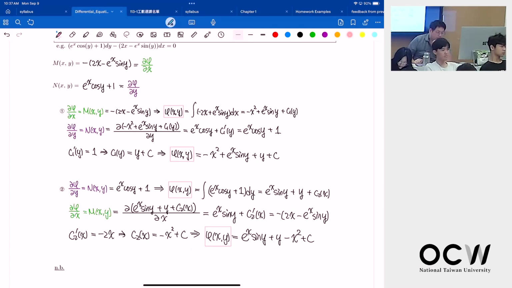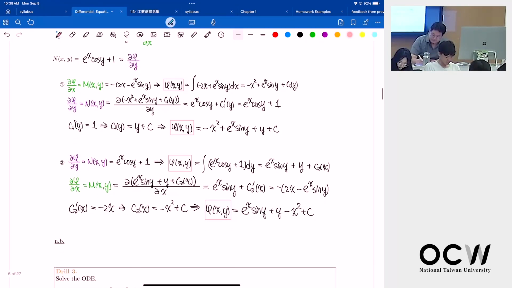All right? So now I just found the potential function, right? This is the potential function. This is not the solution. So here's the note.